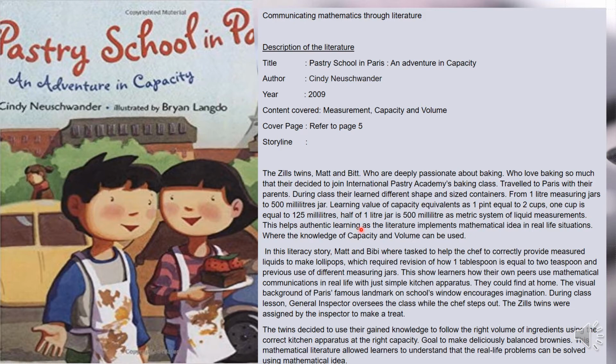This helps authentic learning, as the literature places mathematical ideas in real-life situations where knowledge of capacity and volume can be used.